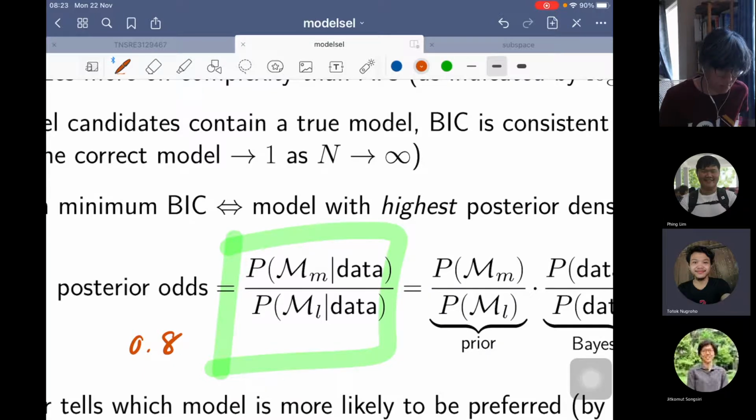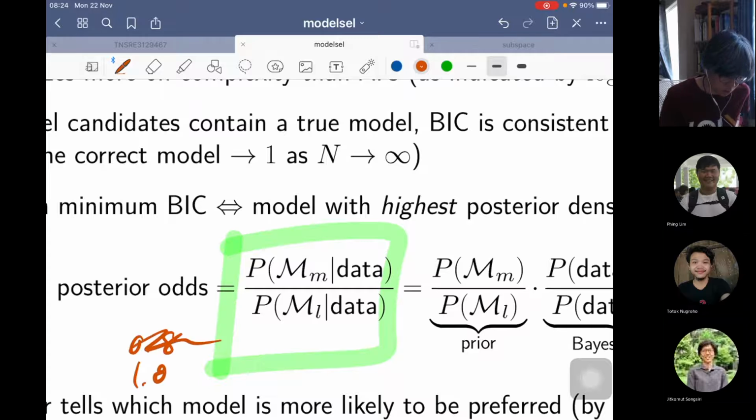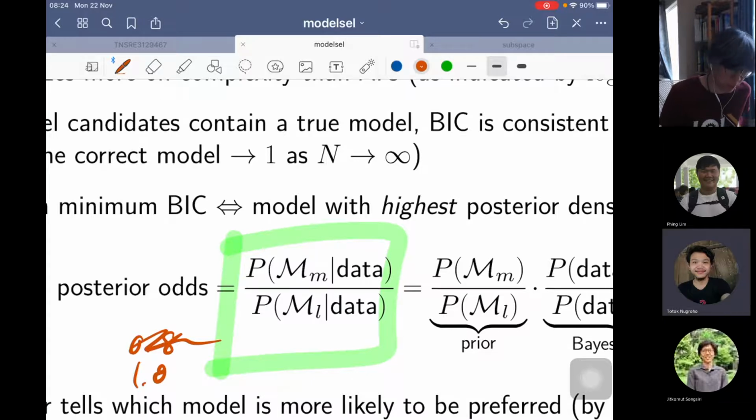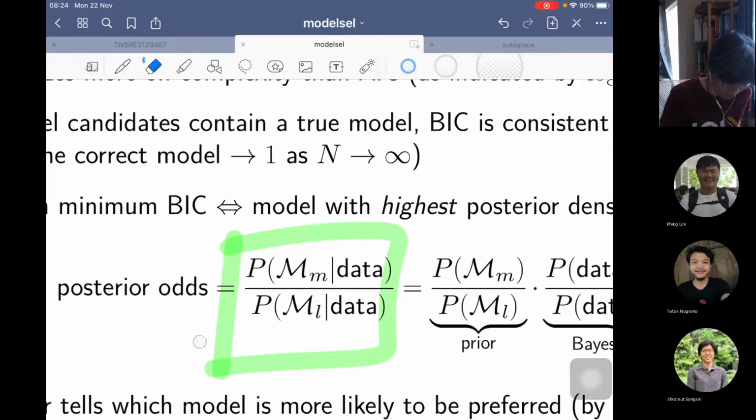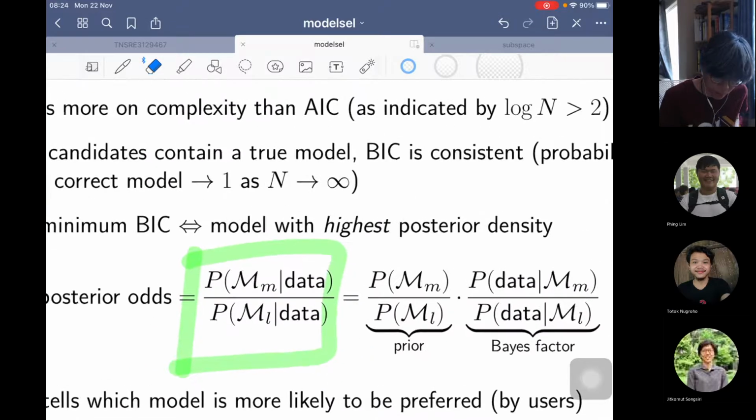Model L, because it has higher probability. If the posterior odds turn out to be 1.2, which model do you pick? Model M, right? Of course, this is a simple way to look at it.